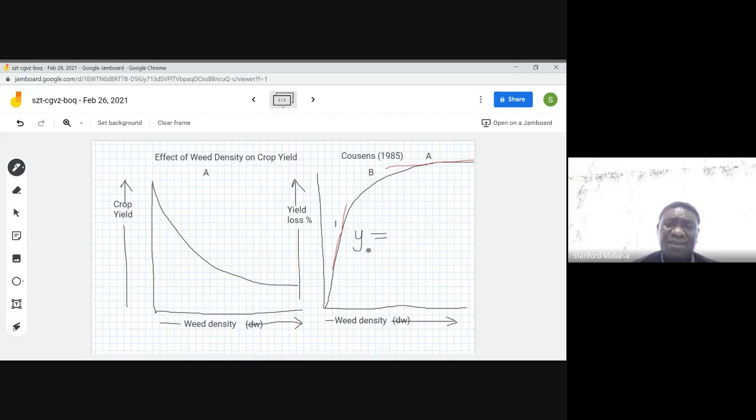We can say yield loss is equal to slope multiplied by density. Density is here, which I have represented by dW.